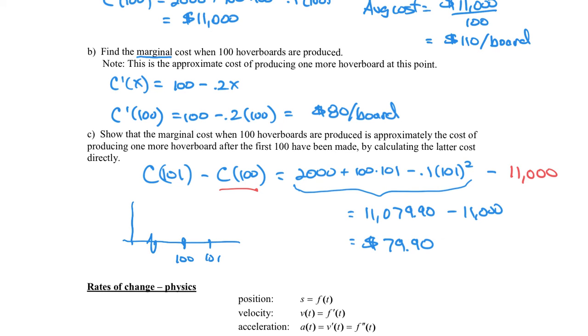The cost function truly is not a continuous function, because the values in between don't make any sense. You're going to have 100 or 101 boards, but the cost function at 100.2 doesn't really make sense. So this cost function is really a discrete function, but we're approximating it with a continuous curve.